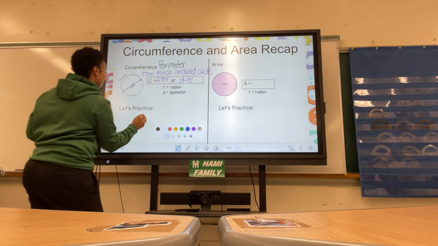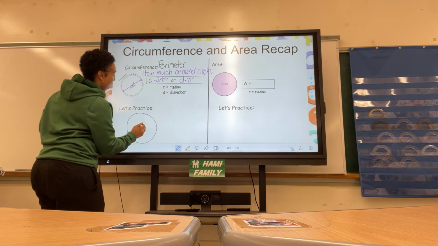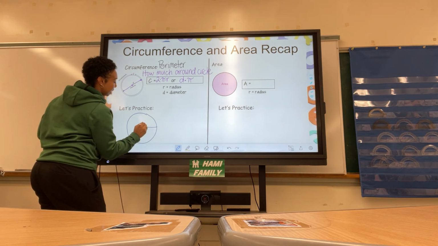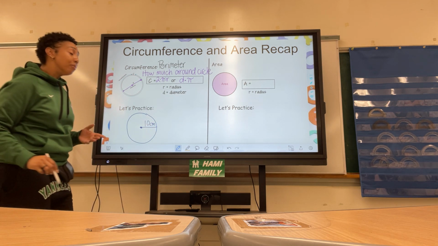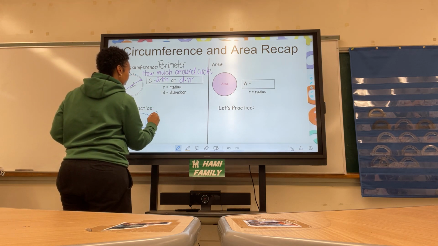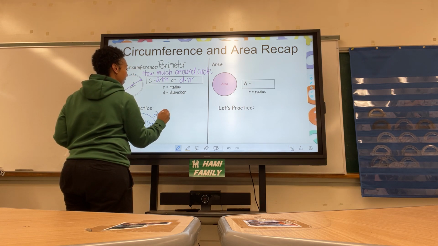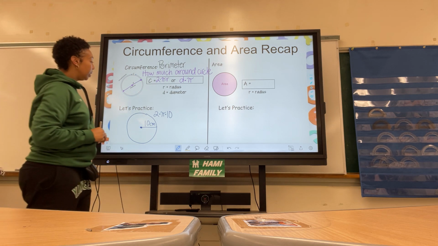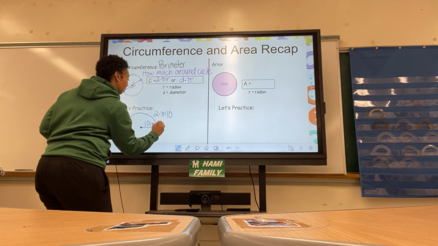If I had this circle here, look at that circle, and it had a radius of, let's say, 10 centimeters. To find the circumference, I'm going to do 2 times pi times my radius, which we now know is 10. What I would do is 2 times 10, that's easy, that's 20.